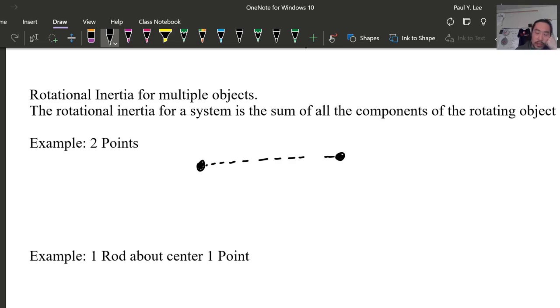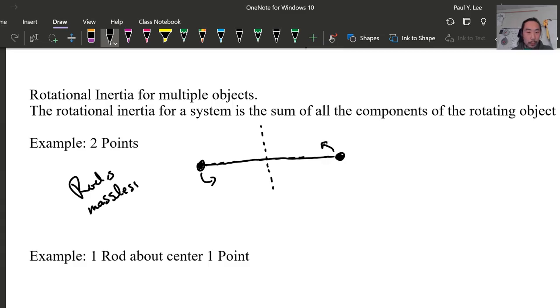For the sake of not using our imagination too much, let's say they're connected by a rod. But here's the important thing: the rod is massless, meaning that even though the rod's rotating, because there's no m, it does not have a rotational inertia. Let's say it's rotating right along the middle there, spinning this way and this way, kind of like a baton.